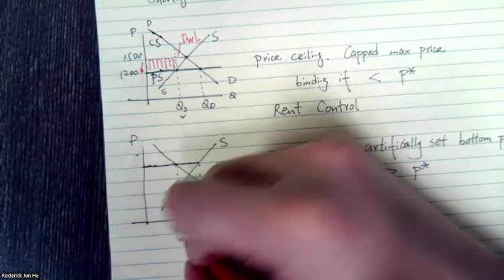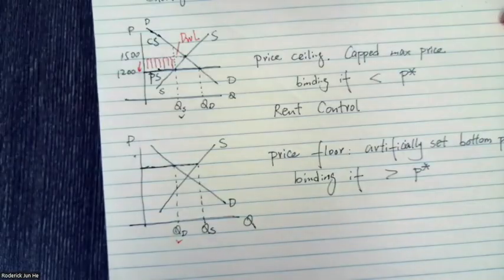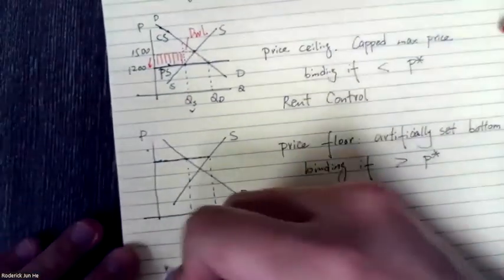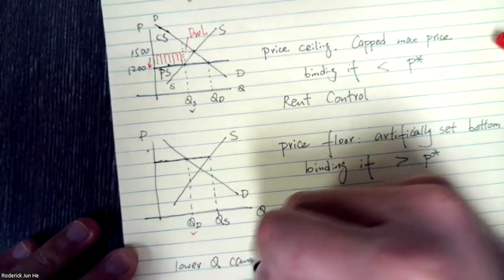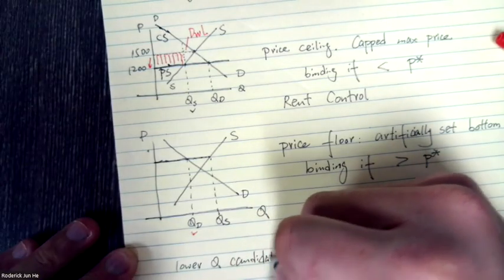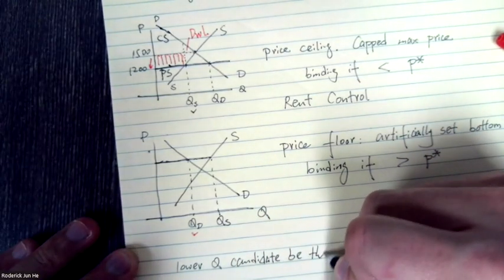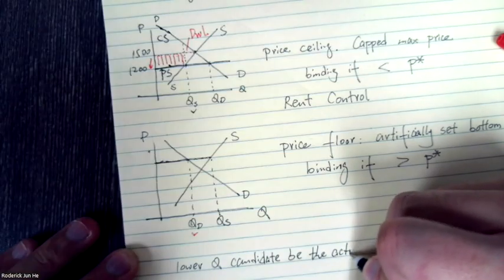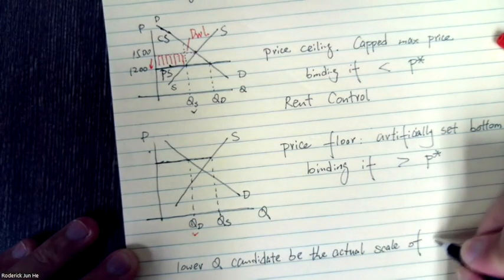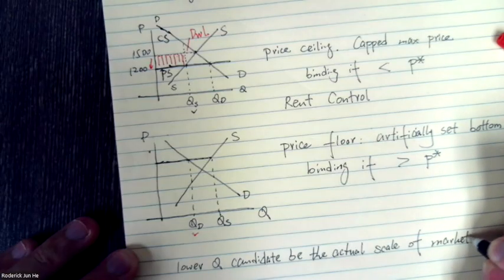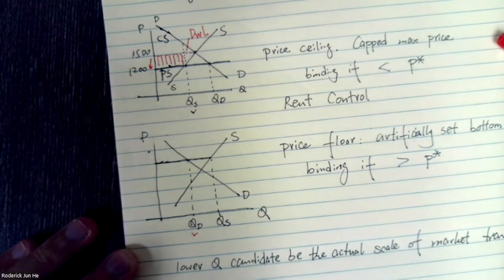It will, again, still be the lower one. So here, the general idea is the lower quantity candidate will be the actual scale of market transactions.